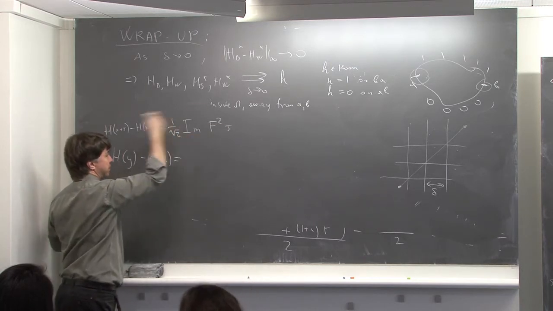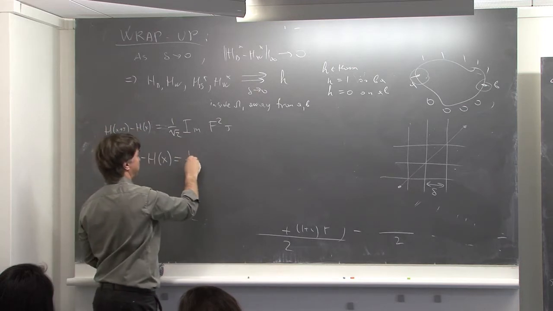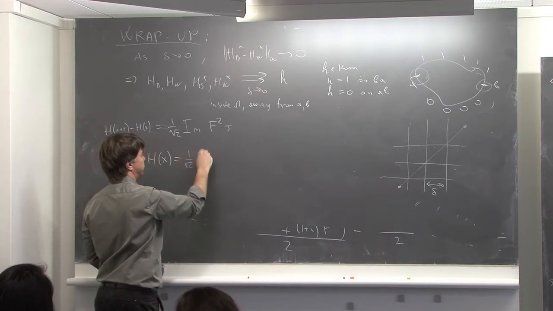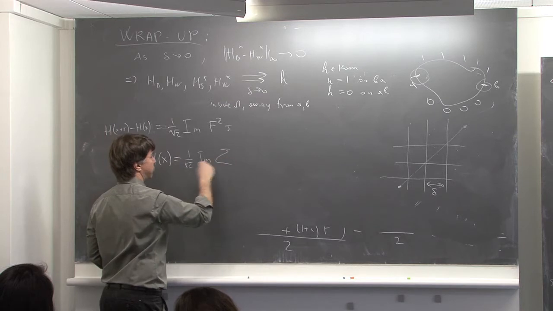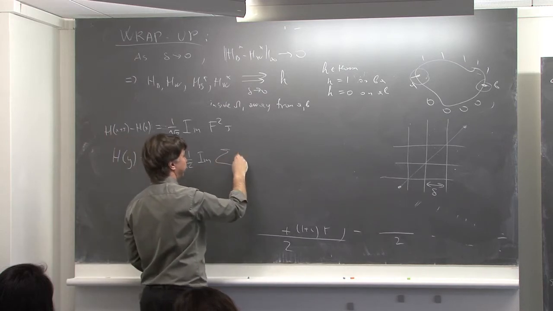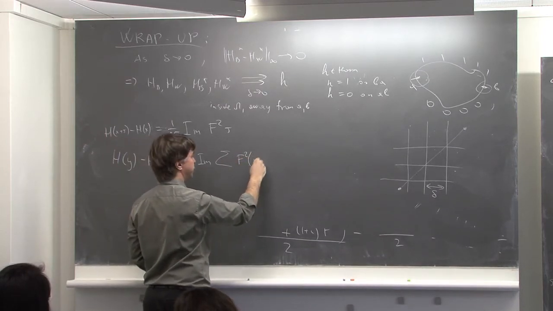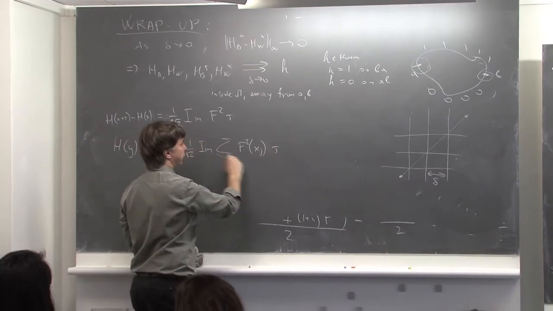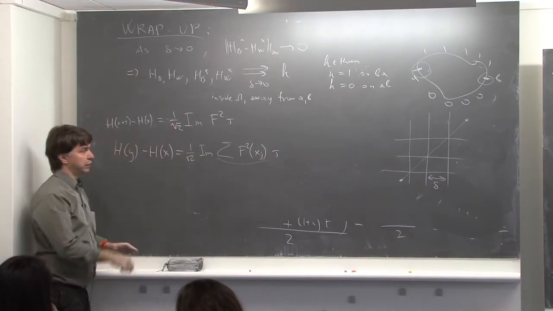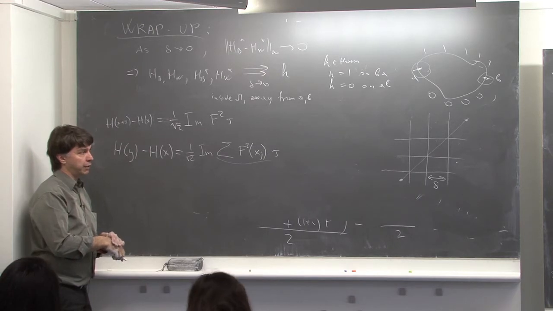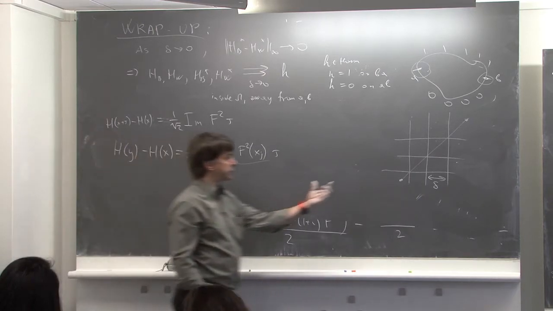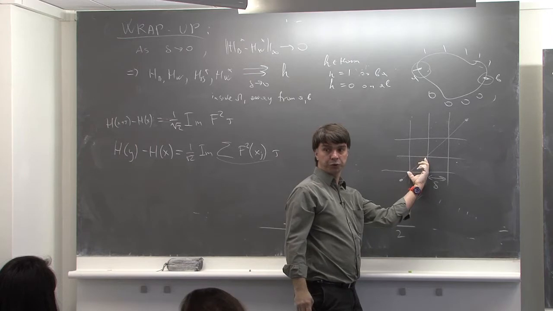It will be 1 over square root of 2 imaginary part, sum of f squared of x_j tau. Now, this is the Riemann sum if we multiply it by lattice mesh. And in this case, lattice mesh is delta times square root of 2.